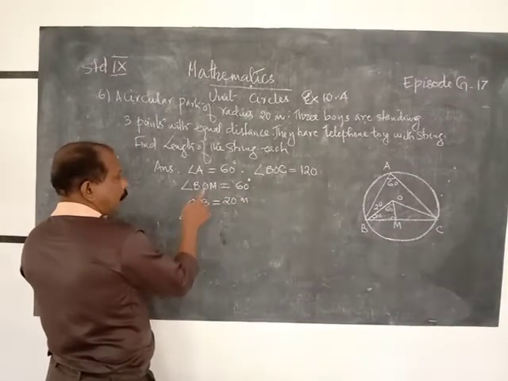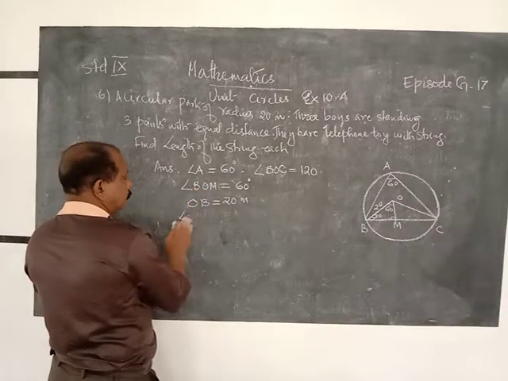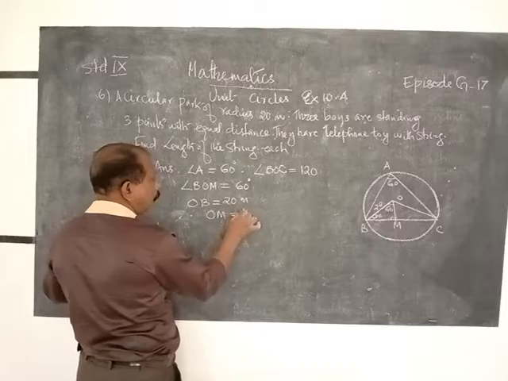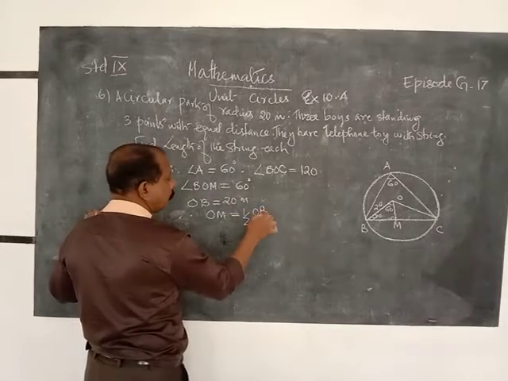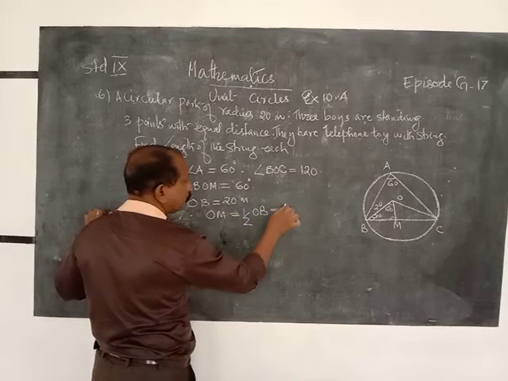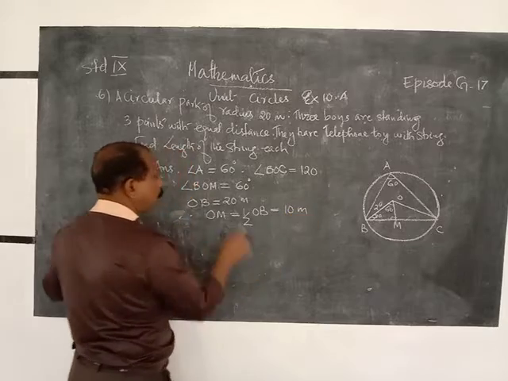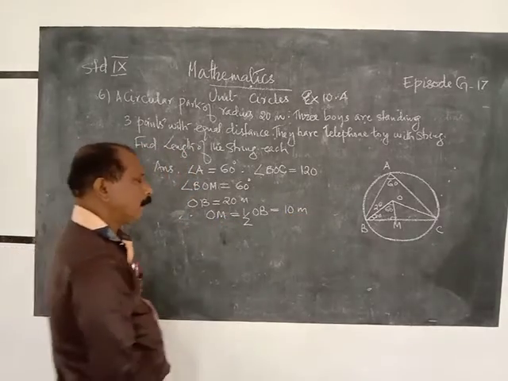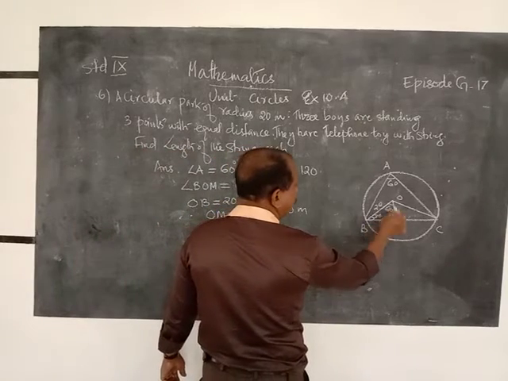Angle BOM is 60 degrees. Therefore, OM is equal to half of OB, is equal to 20/2, that is 10 meter. Then this is the right angle triangle.